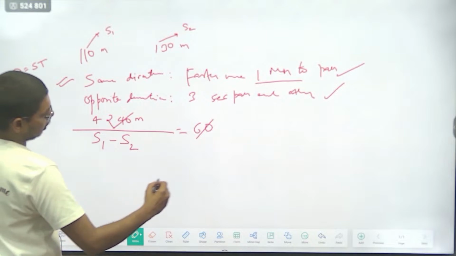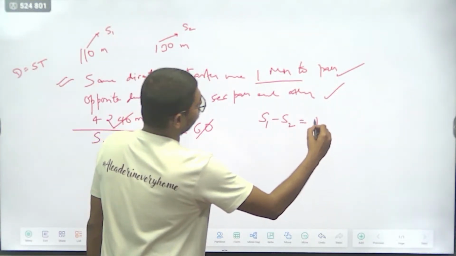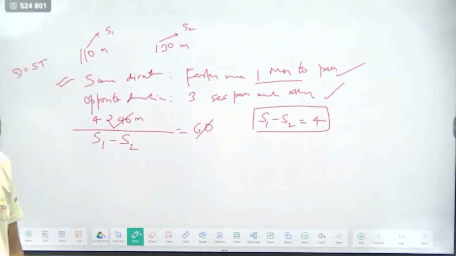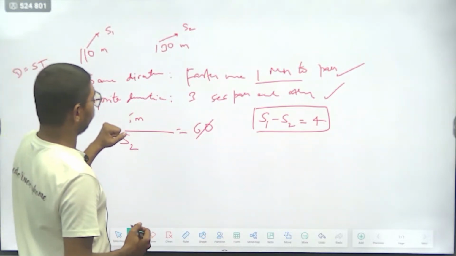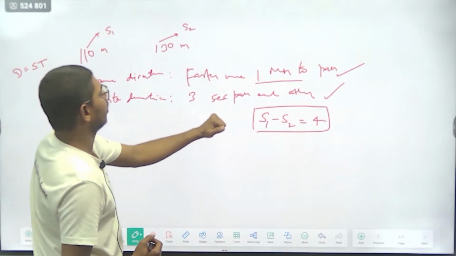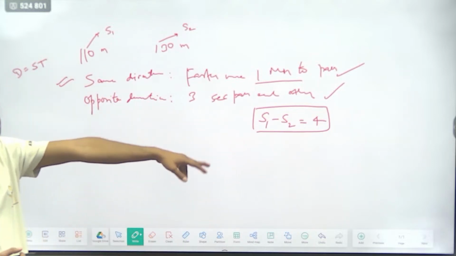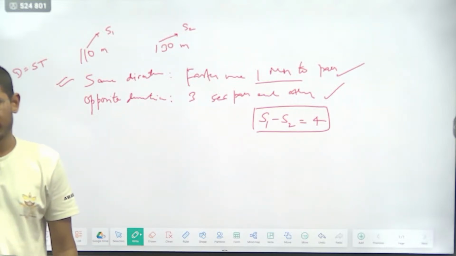So S1 minus S2 is equal to 4. So S1 minus S2, the entire 60 got cancelled with 240.